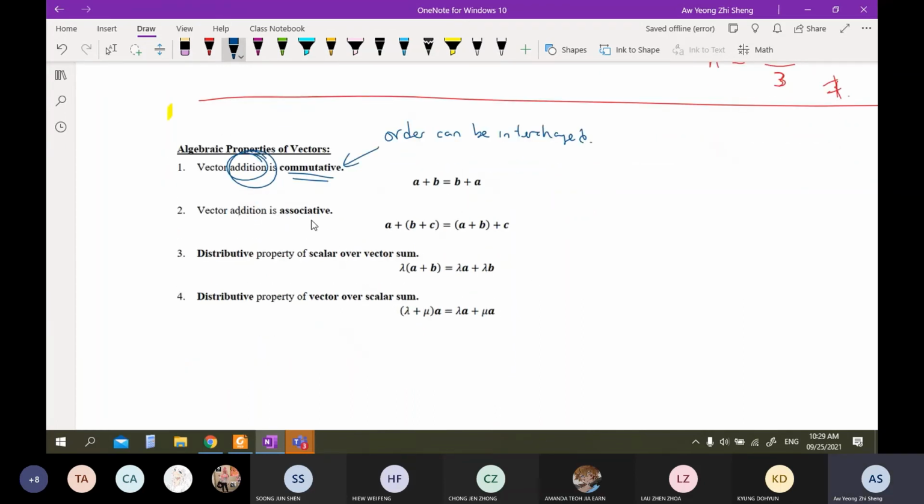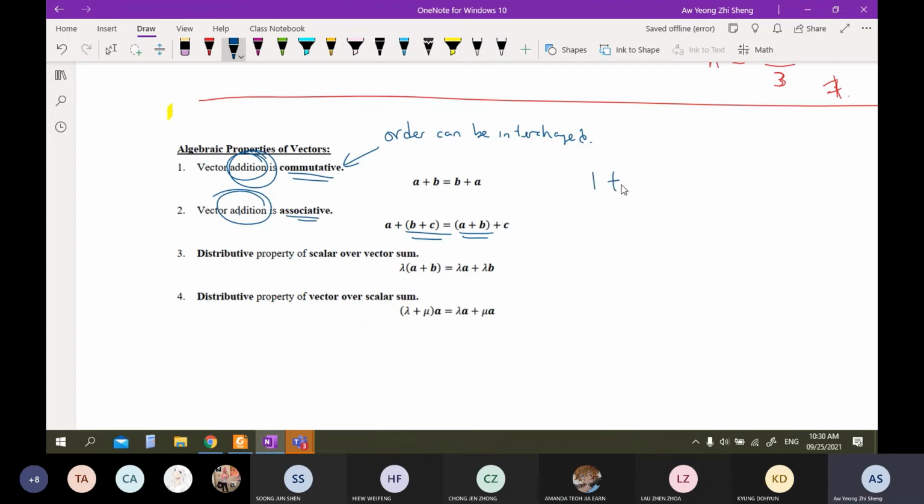Vector addition is associative. Associative means when you have three terms added together, still talking about addition, whether you work on the first two first or the last two first, it doesn't affect the final result. It's just like with usual numbers.